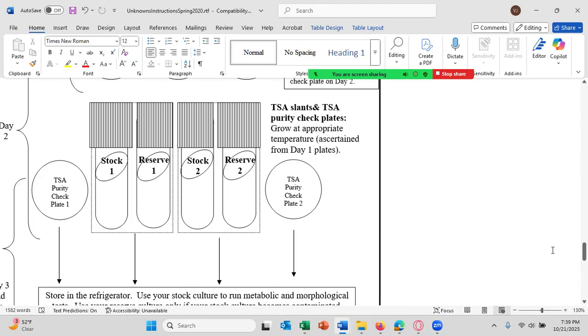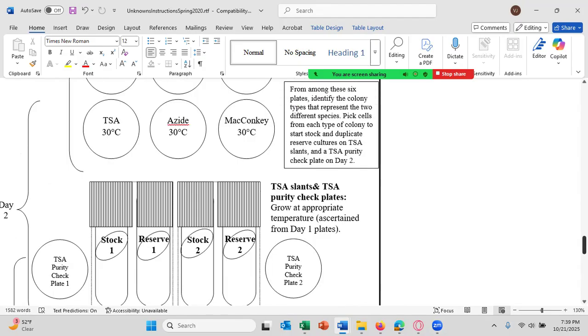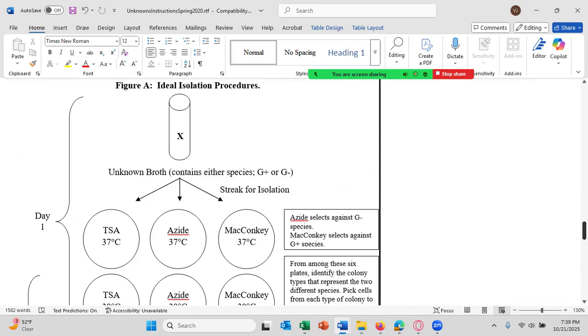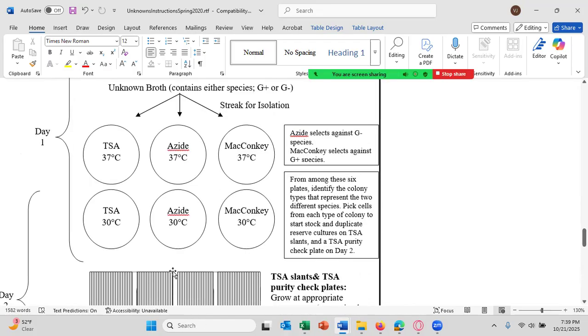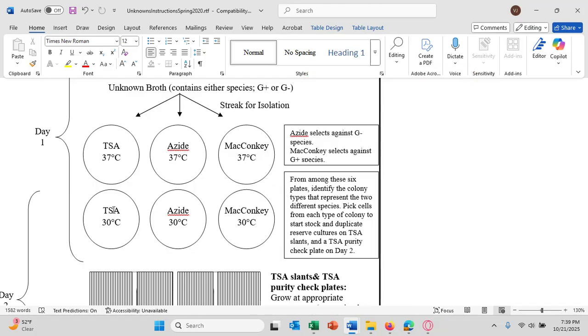Let me state that you should go through the act of streaking out your unknown bacteria for a colony isolation, getting an isolated colony, picking cells from that isolated colony, and then streaking it on a second plate to get isolated colonies, and then pick cells from the cells that have gone through 2 colony isolation events to set up your stock culture, because that's likely to be a pure culture.